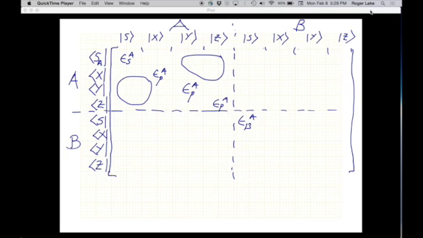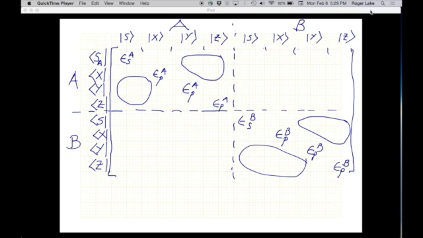Epsilon sub S superscript B, epsilon sub P superscript B, and so on down the diagonal, and everything else up here is 0. And this block is also 0. So the diagonal blocks are themselves diagonal.